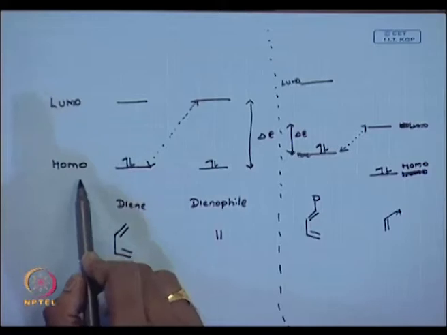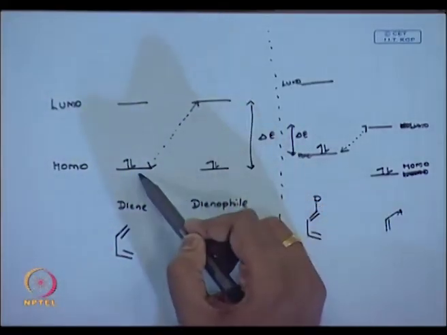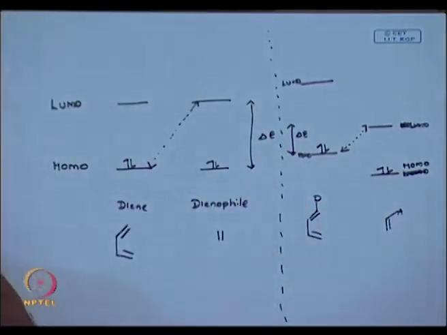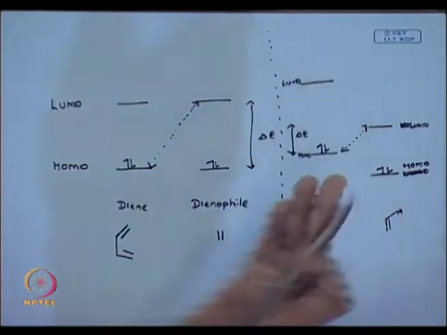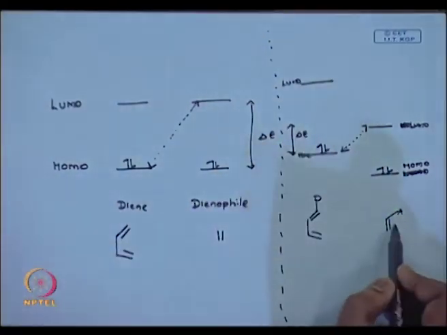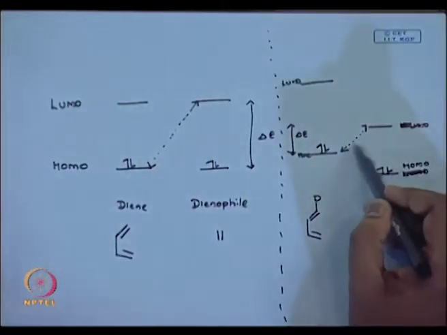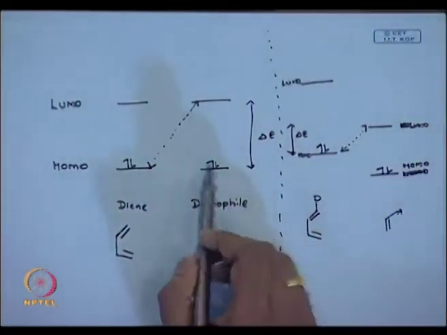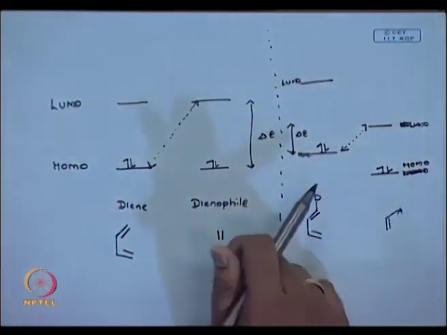In the initial case, you had such a big energy difference between the HOMO of your diene and the LUMO of your dienophile. Here you can see once you have a donor, the HOMO energy lifts up, and if you have an acceptor, then the energy of your LUMO comes down, and now the energy gap is very small compared to the initial case, and the reactivity of the Diels-Alder is much faster.